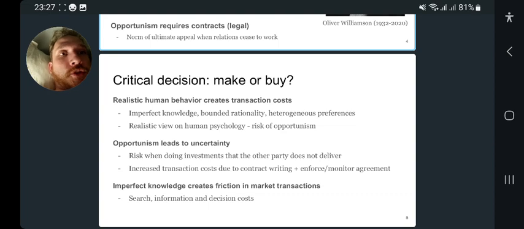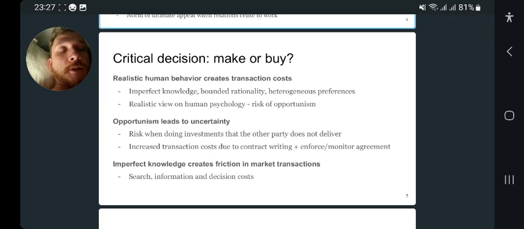And so in transaction cost economics, the critical decision for a manager in a firm is the decision to make or to buy. And so with this theoretical development that we've seen during the 20th century, we can assume that humans are realistic. We have imperfect knowledge. We don't know everything in the world. We're boundedly rational, and we don't have all the same preferences for what we would like to consume.